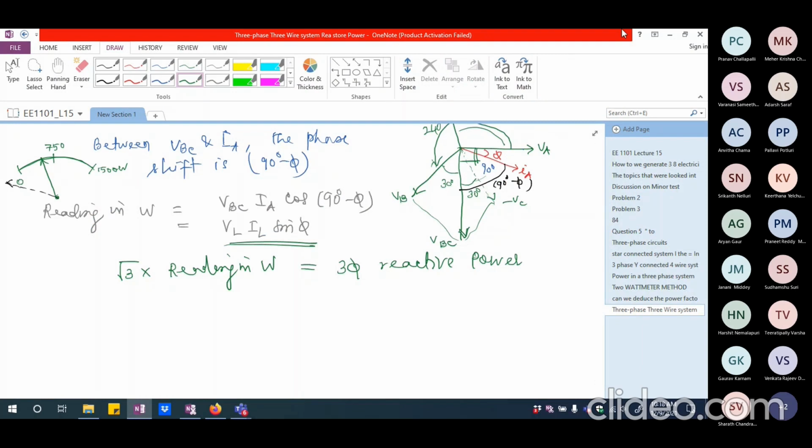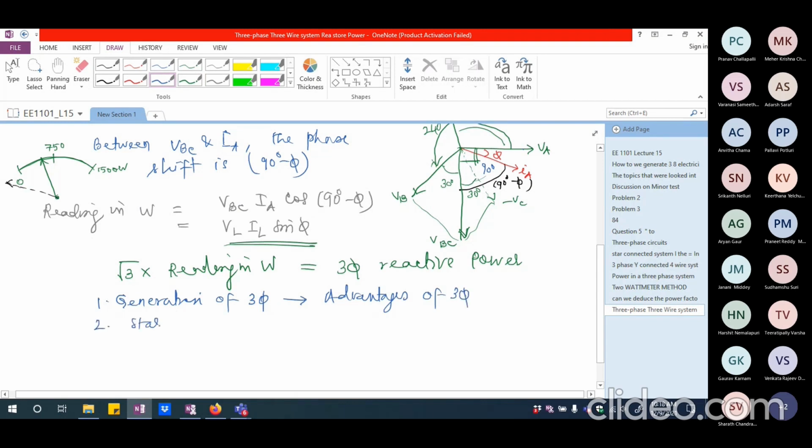We had seen in the three-phase system starting with the generation of three-phase voltages. So we started with generation of three-phase voltages, and after that we looked at star or delta connection. We also talked about advantages of three-phase voltages over single-phase voltage. Then we talked about star and delta connection.